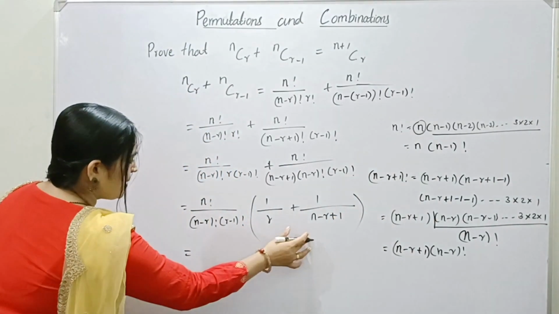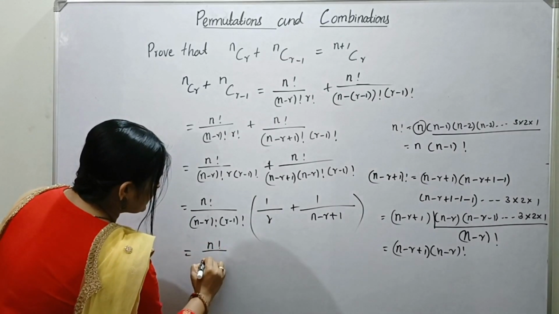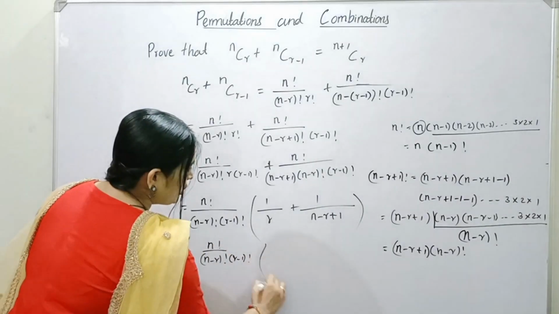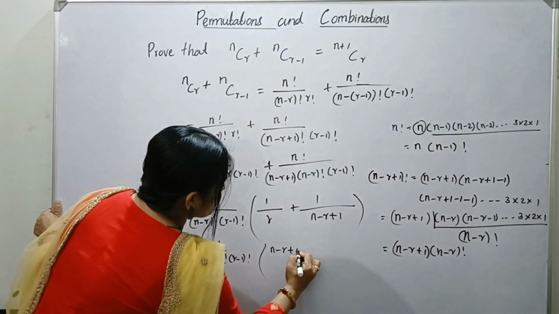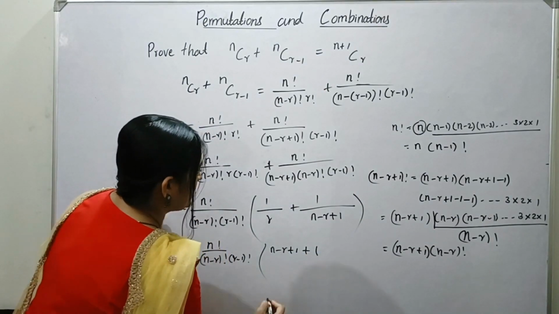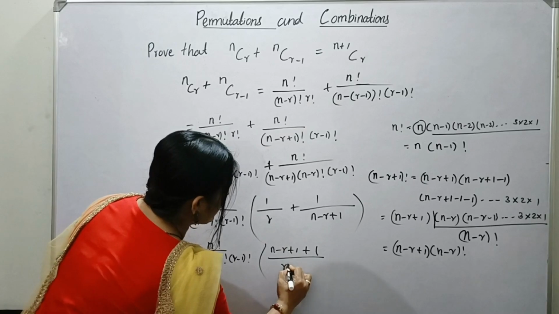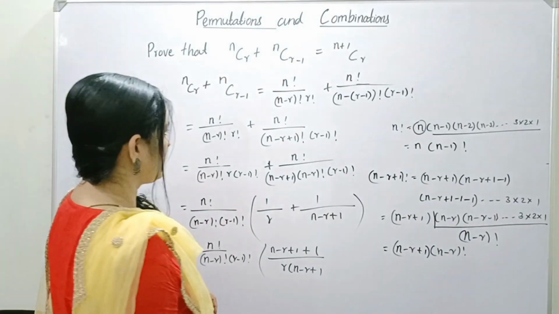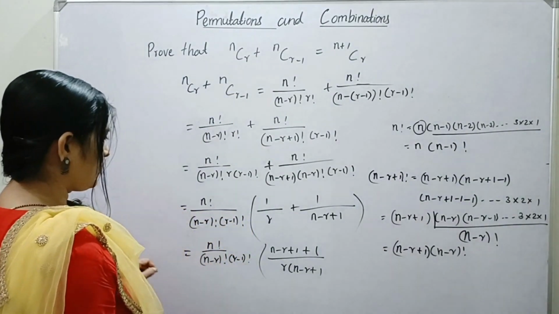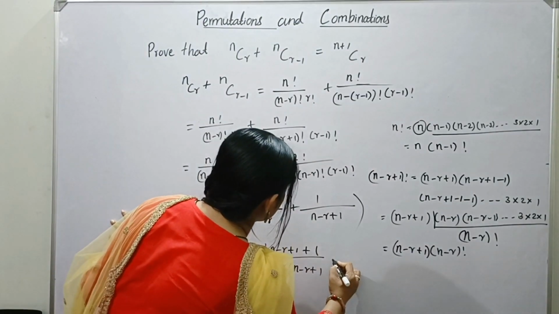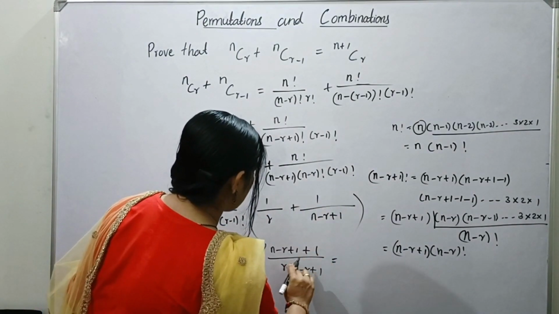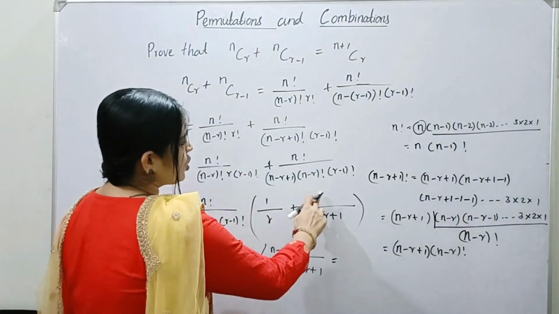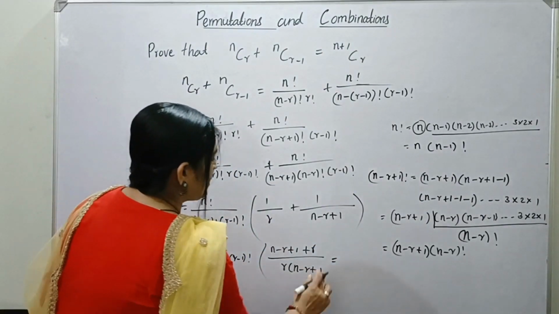Then take the LCM: write n minus r factorial, r minus 1 factorial as it is, into n minus r plus 1, divided by r into n minus r plus 1. That is equal to n minus r plus 1 plus r, taking the LCM and cross multiplying, so it will be r.